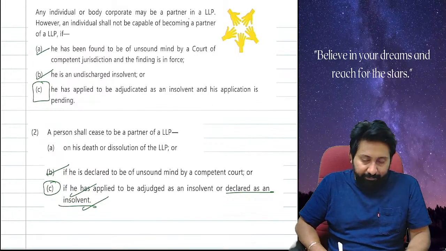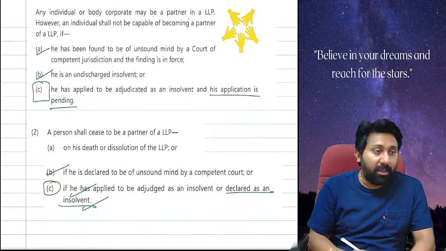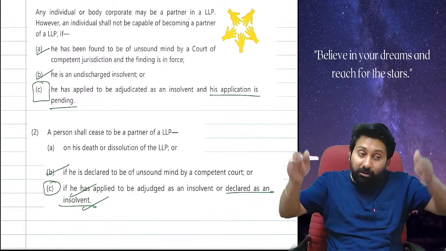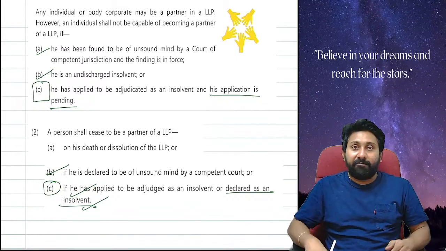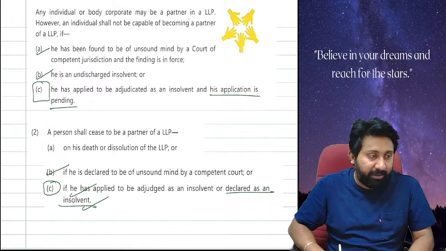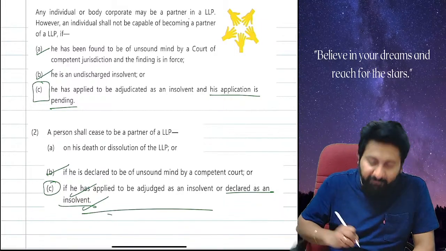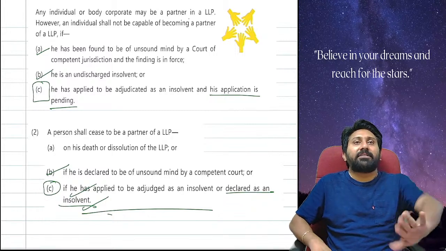Okay. So if he has applied to be adjudicated and his application is pending, during that pending period also disqualification will be there. Disqualification is for a period, vacation will be for a point of time. Therefore the term "his application is pending" you will not find here. Just "applied to be adjudicated as insolvent," that's all.